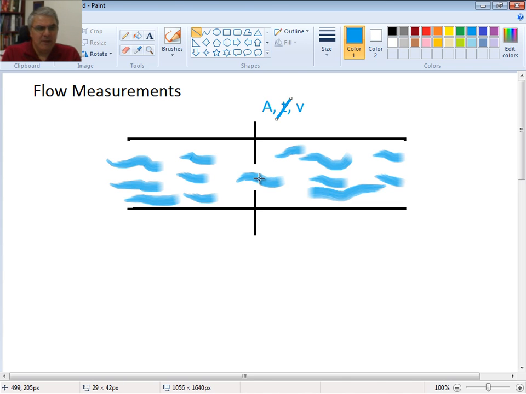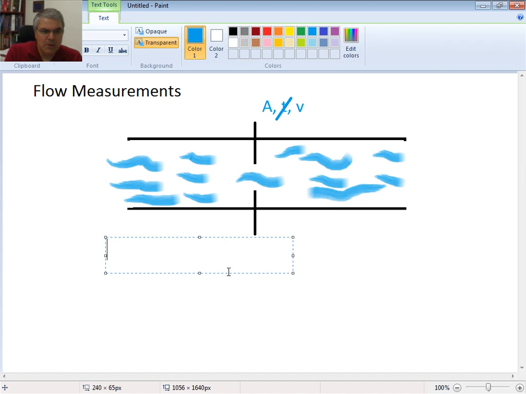A would be different, and velocity could also be different. So what we try to do here is really simplify the measurement. Knowing that the velocity of the flow would be V, in order to measure the flow, we simply show that as Q, and Q would be nothing but A multiplied by V.